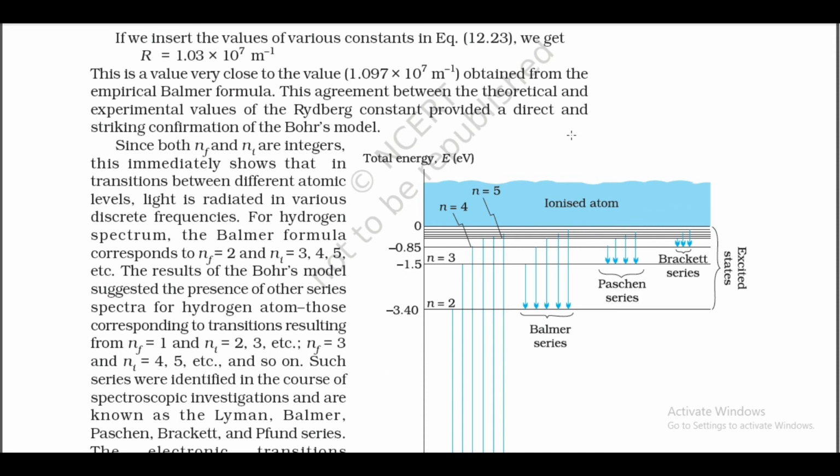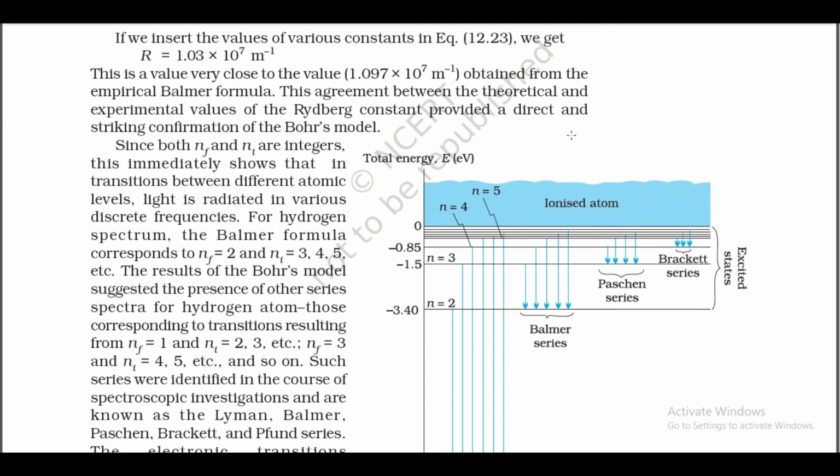This agreement between the theoretical and experimental values of the Rydberg constant provided a direct and striking confirmation of Bohr's model. Since both nf and ni are integers, this immediately shows that in transitions between different atomic levels, light is radiated in various discrete frequencies.